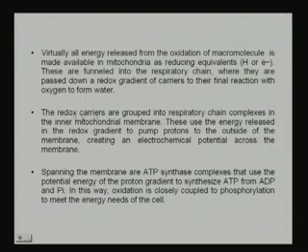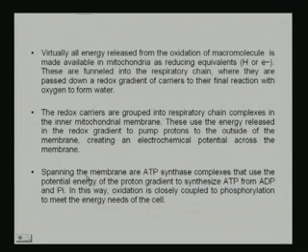The redox carriers are grouped into respiratory chain complexes in the inner mitochondrial membrane. These use the energy released in the redox gradient to pump protons to the outside of the membrane, creating an electrochemical potential across the membrane.